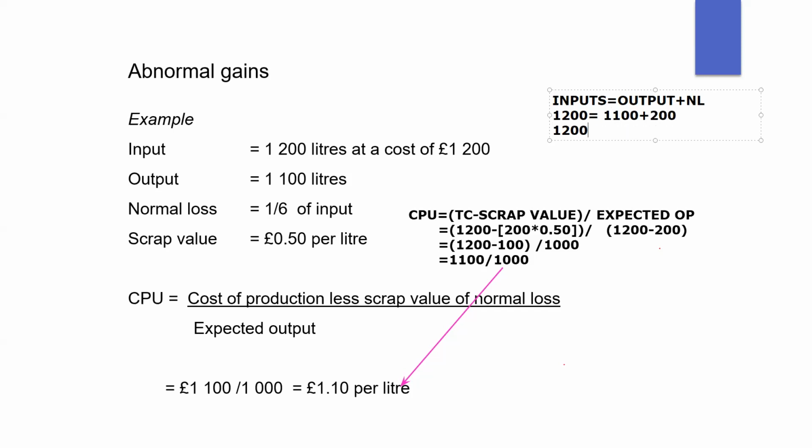So you can see there is a disparity or a difference between the inputs and output. Inputs are lesser than the output and normal loss, which means there is an abnormal gain of 100.